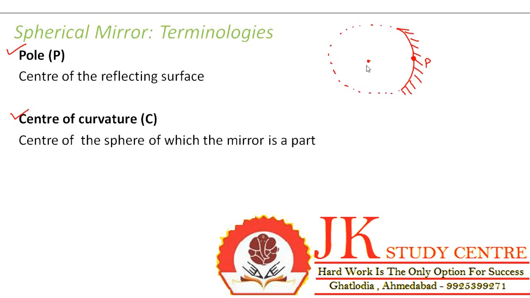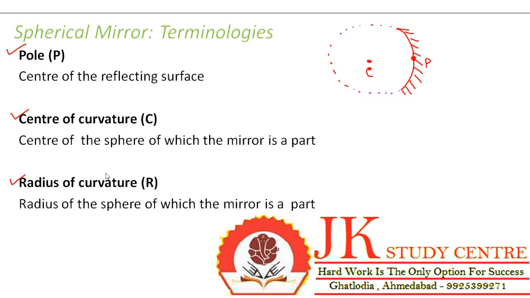Next is the radius of curvature, on similar lines. The radius of curvature is the radius of the sphere of which the mirror is a part. So this radius would be known as the radius of curvature.